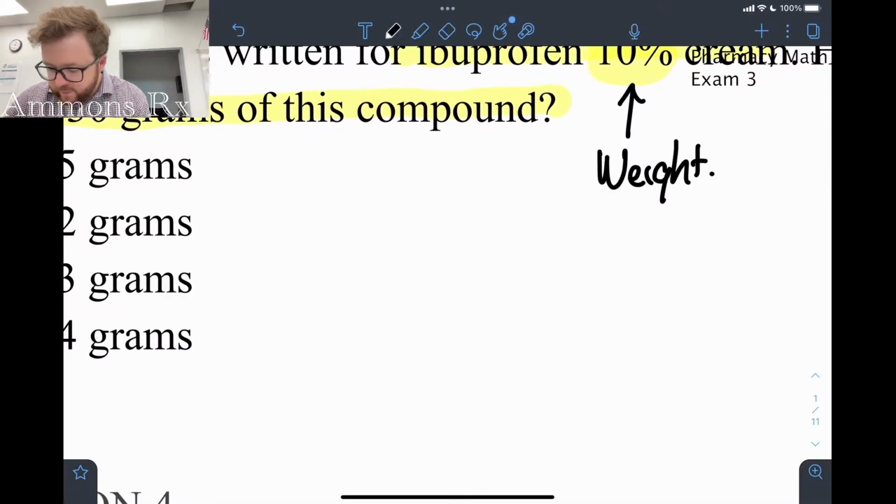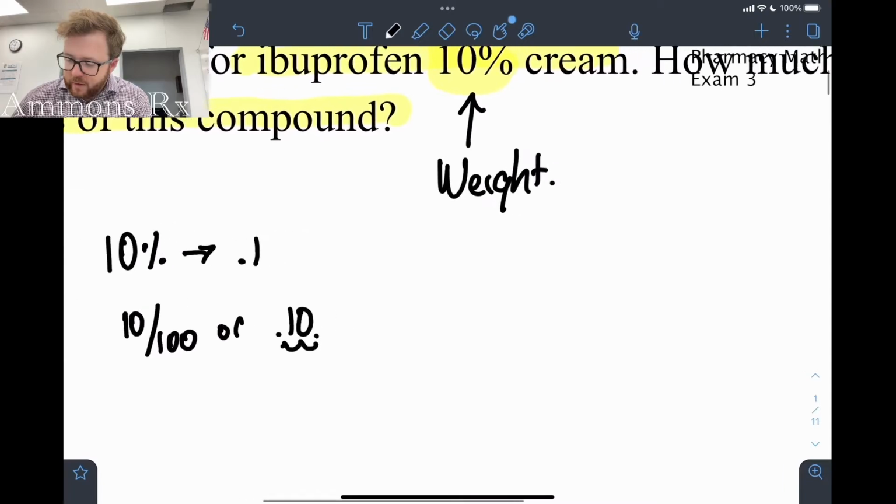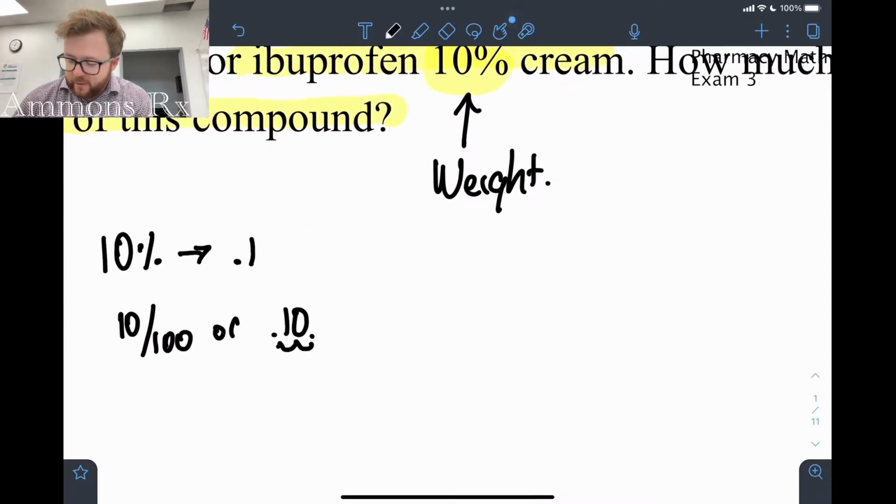First things first, to find 10% of something, we need to convert that into a decimal. So 10% in decimal form is 0.1. How you do that is you do 10 divided by 100, or just move the decimal 2 places. So it turns into 0.1. Now that it's in decimal form, I can do an operation that tells me what 10% of 30 grams is.